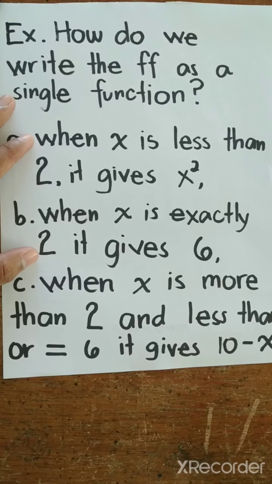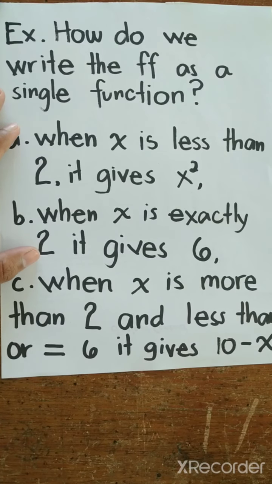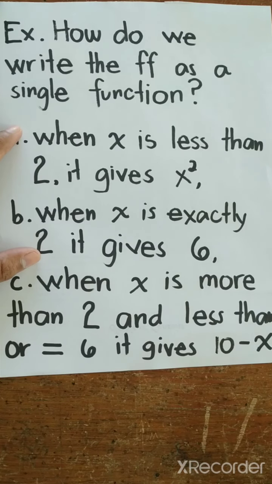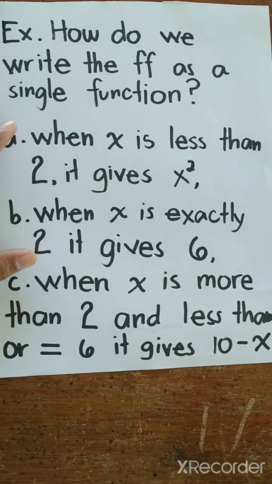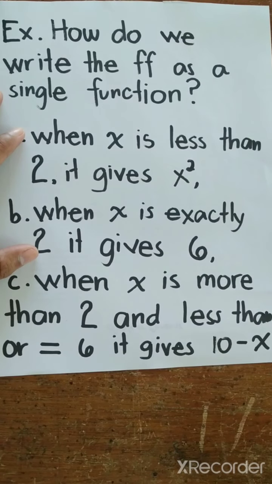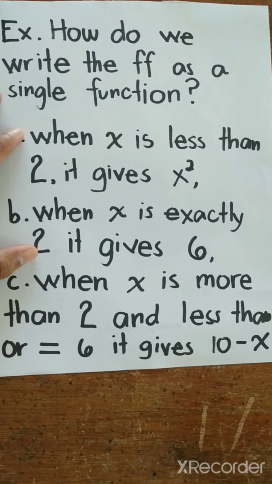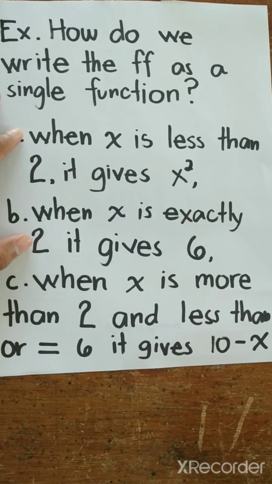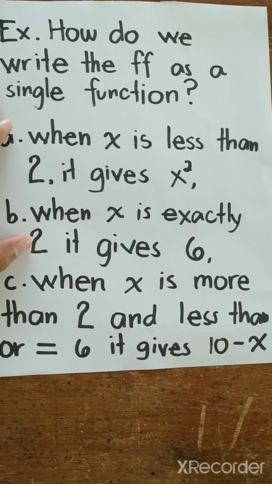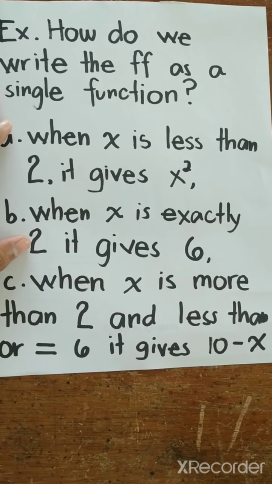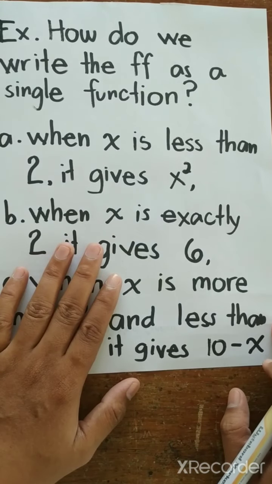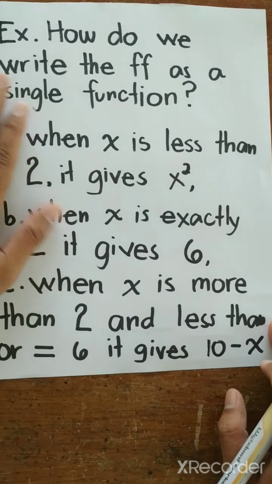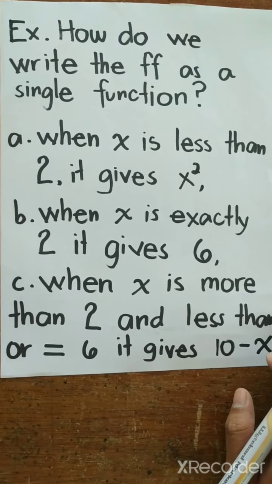One of the greatest implications of piecewise function is that it affects many industries. Let's say, for example, we have the fare in buses, in jeepneys, and also in any cost, in any fees, etc. So first, after we understand the problem, that's the very first important thing to do.